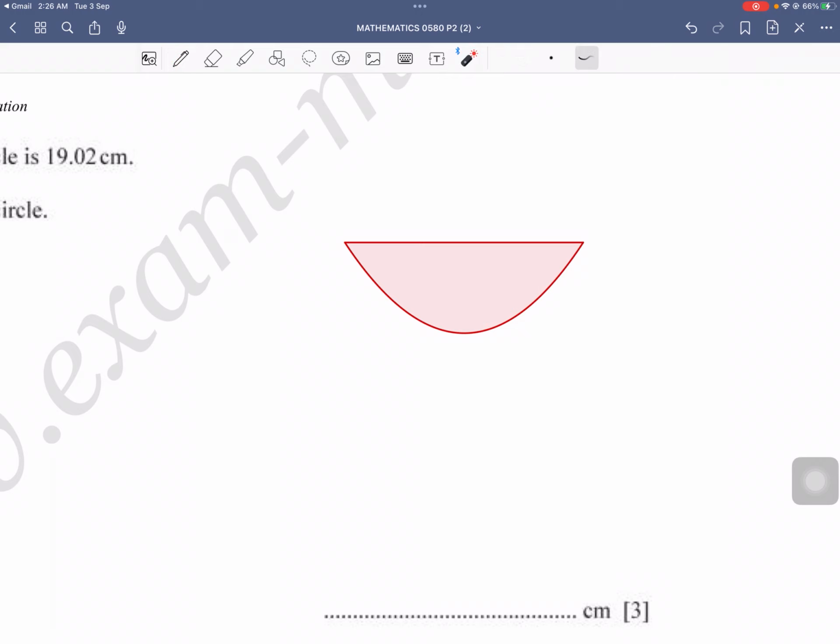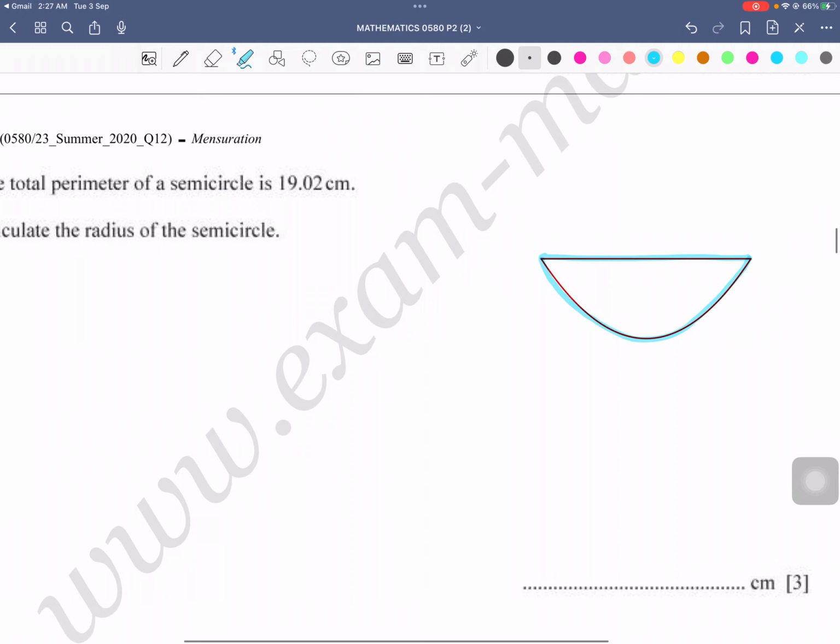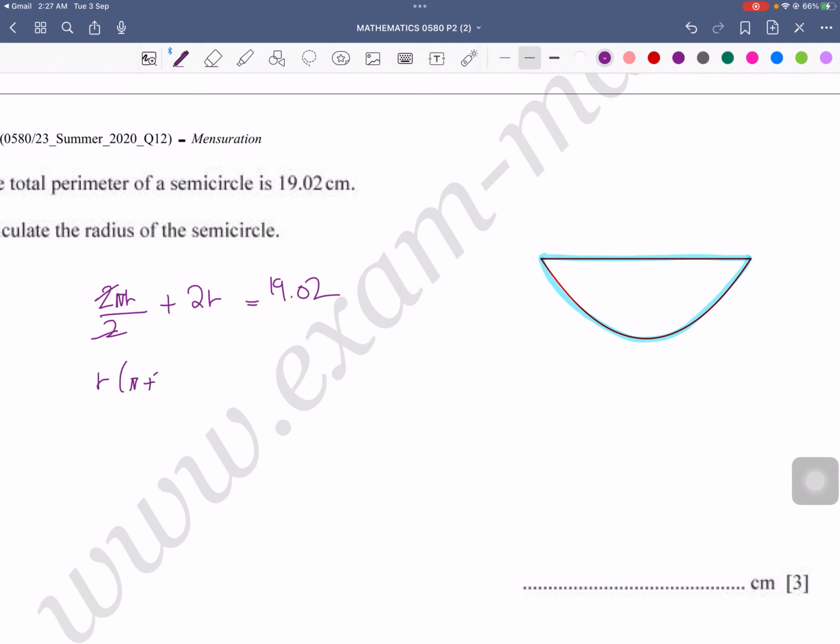It has a curved perimeter, but it also has a diameter. So basically this will be equal to 2 pi r over 2 plus the diameter, which is 2 times r, right? The 2 cancels with itself. We can take r common and it becomes r times pi plus 2, which is 19.02.